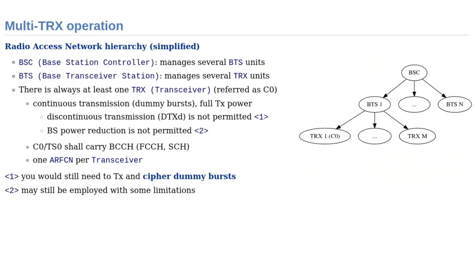And discontinuous transmission on downlink, in Osmo you can enable it, but you will need to cipher dummy bursts, because otherwise, as I think Fairwaves reported, the mobile stations will have problems with the dedicated channels, and at some point will disconnect and treat the dummy bursts as channel coding errors.